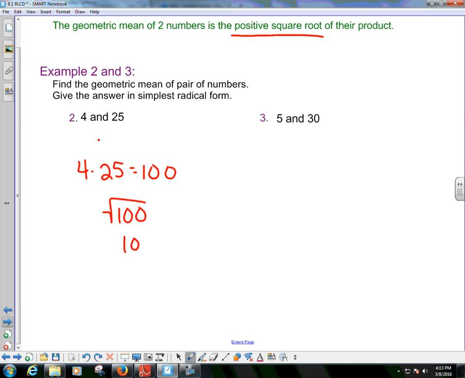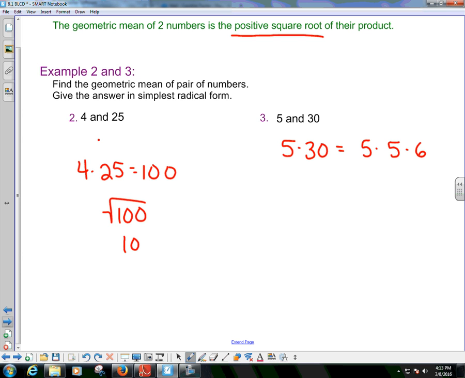All right. So I'm going to say 5 times 30. Well, here's where number sense comes into play. So if I look at this, I can multiply 5 times 30 and I can easily get to 150. Or I can look at this and say, well, 30 is 5 times 6.